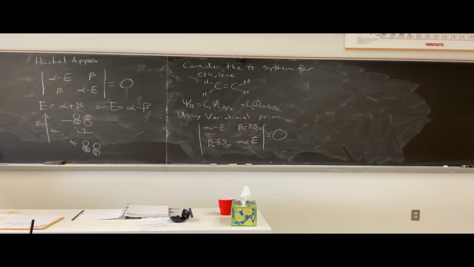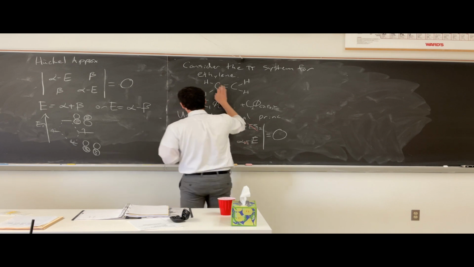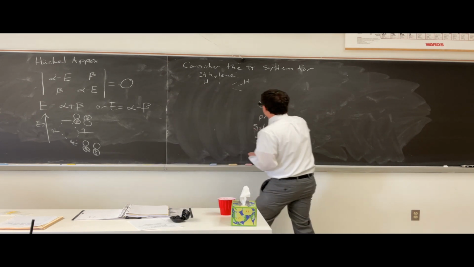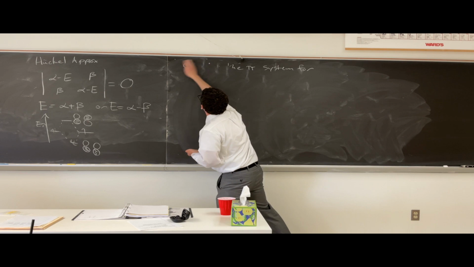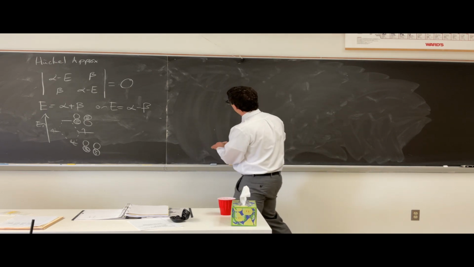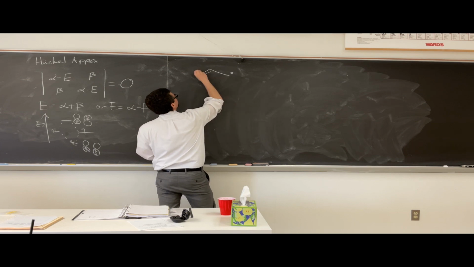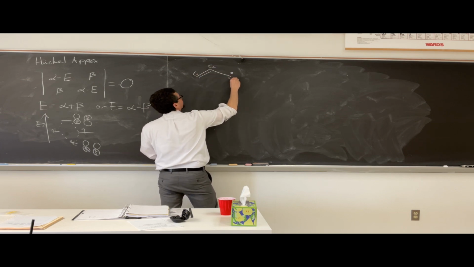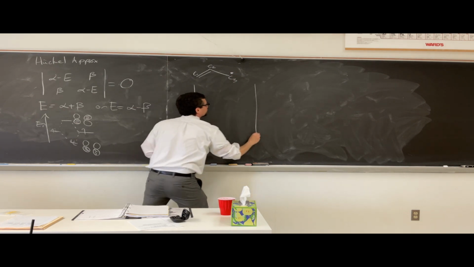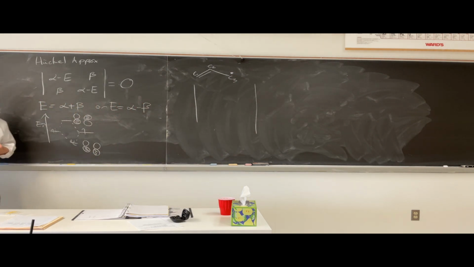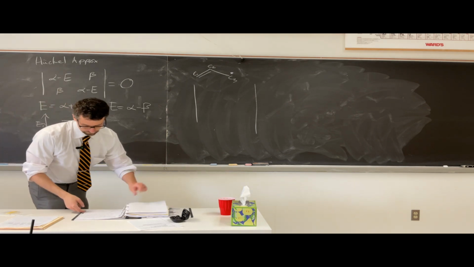I know we're at the end of time, but I want to talk about one other thing really fast. Let's say we had this system. Three carbons, we're going to do the same thing. What size will our determinant be? Yep, 3. Okay.